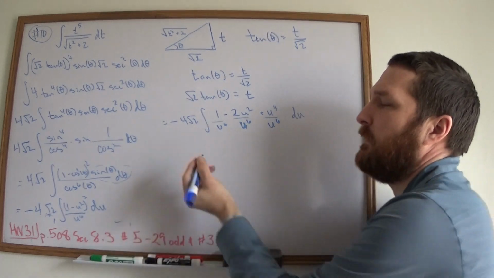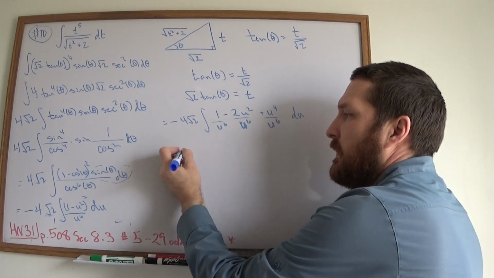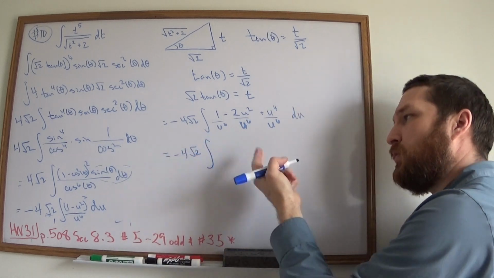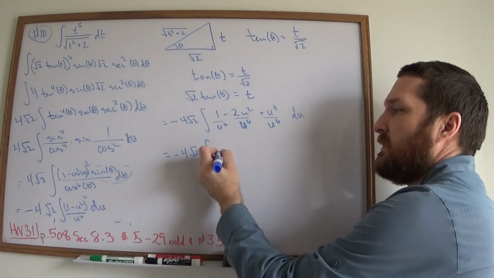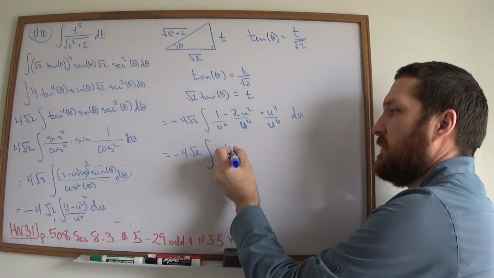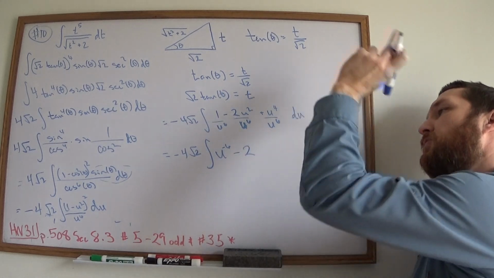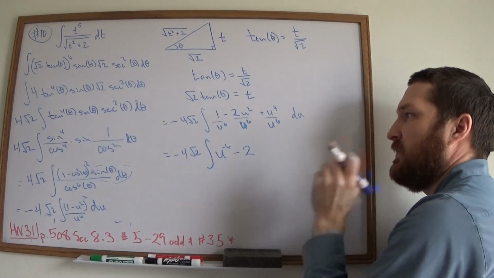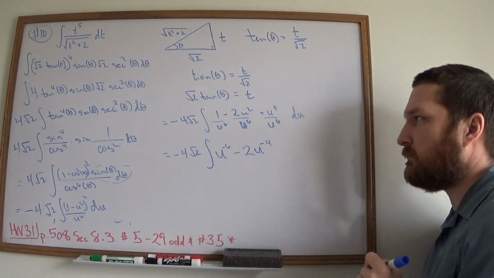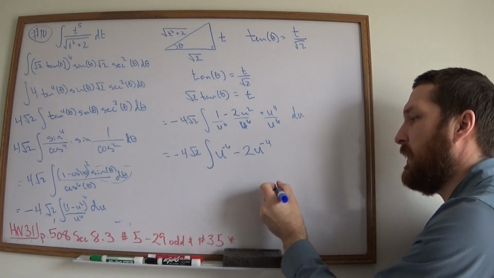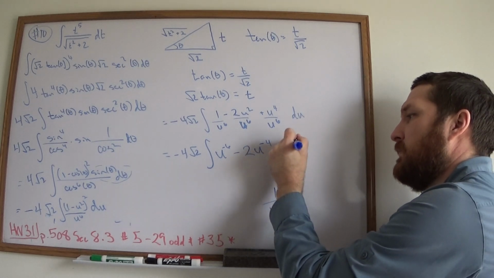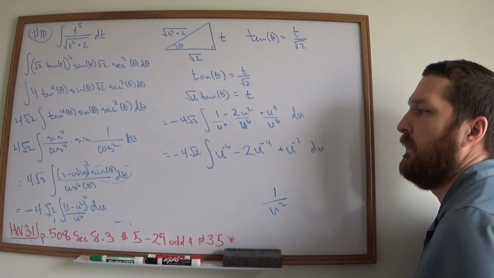Why am I doing that? Because breaking it up into individual terms usually makes life a lot easier. So this is u to the negative 6, minus 2 on the top and 6 on the bottom leaves 4 on the bottom, so u to the minus 4, plus 4 on the top and 6 on the bottom leaves 2 on the bottom, so u to the negative 2. There we go.